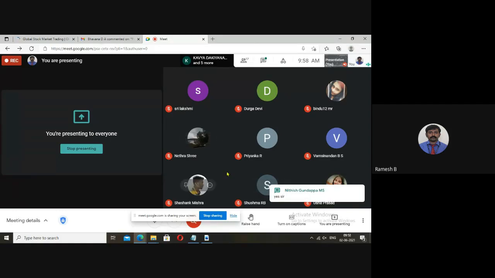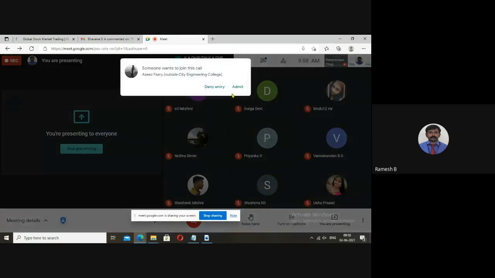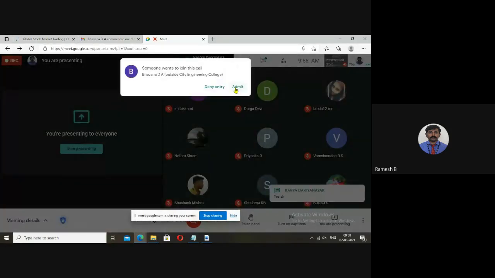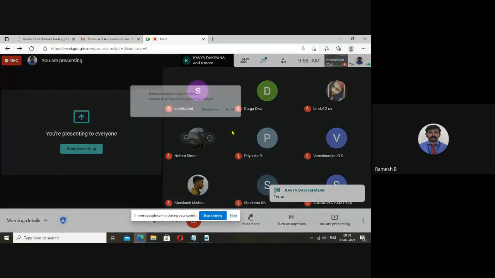Good, Nitish. How many of you installed CG software and started programming? Think of projects also. Good, Netrashri. Whoever has not installed it, try to install it and start practicing.